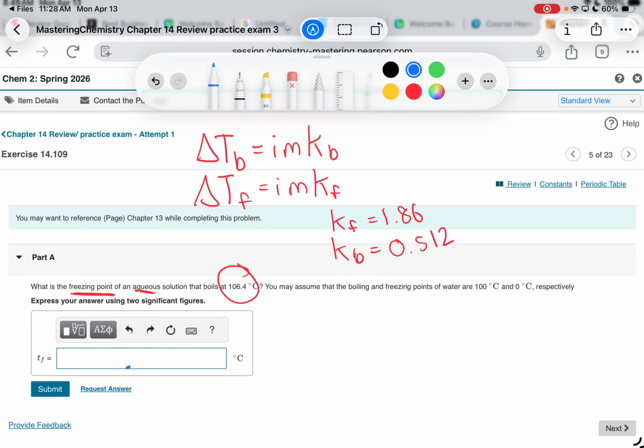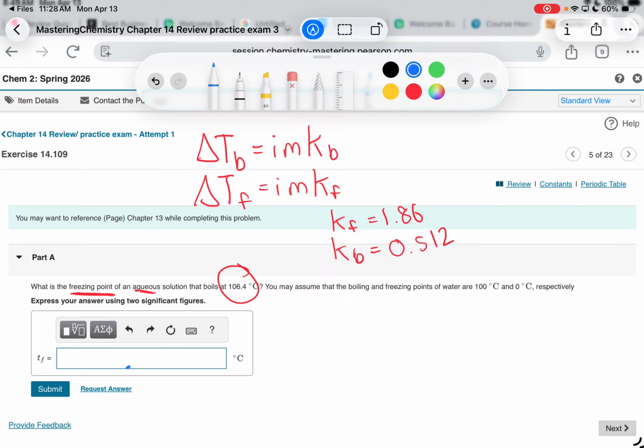So these are going to give you the change. So if it comes out to be like 2 degrees, that means the new freezing point is -2. If this comes out to be 0.15, that means the new boiling point is 100.15. Okay, it doesn't tell you the new thing, it tells you how much it changes by. Freezing, it goes down, boiling, it goes up.